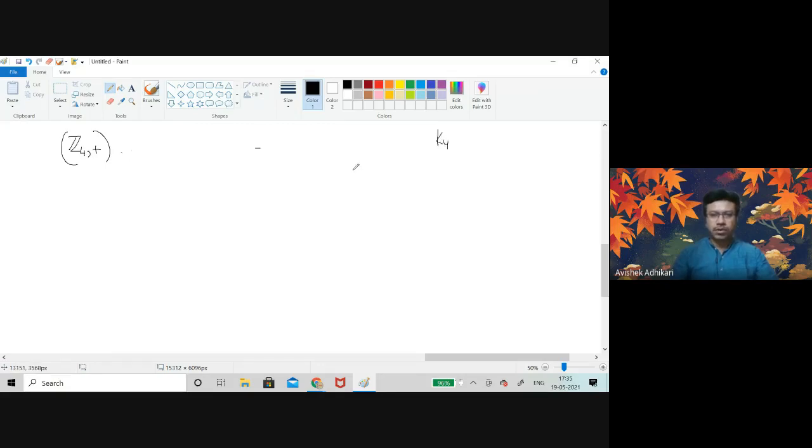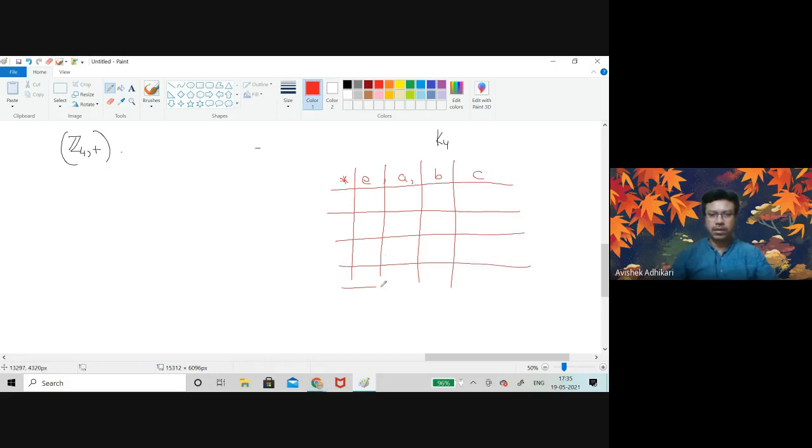Klein's 4 group. So you know what is Klein's 4 group. If I draw this table with the operation star, then we have E, A, B, C along the top and side.